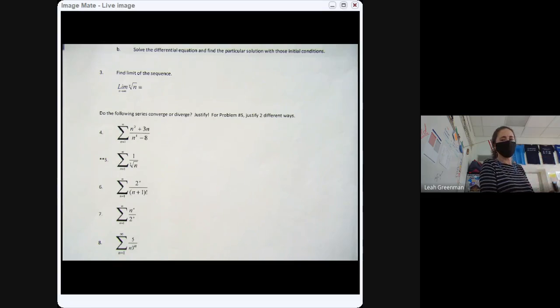But every year someone tries to tell me, oh, look, the limit goes to 0, therefore converge. If the limit does not go to 0, what if the limit of a sub n is equal to e? By inspection, what does the series do? Diverge. Right? Because if the limit doesn't go to 0, the limit goes to e, then you would be adding something closer and closer to e every time.